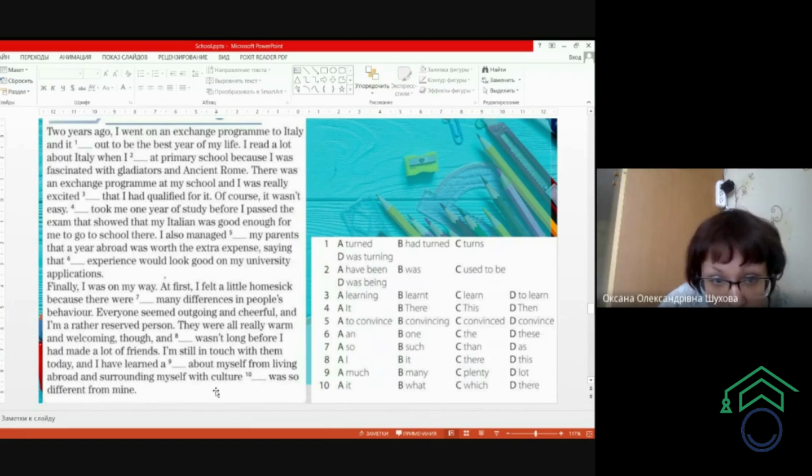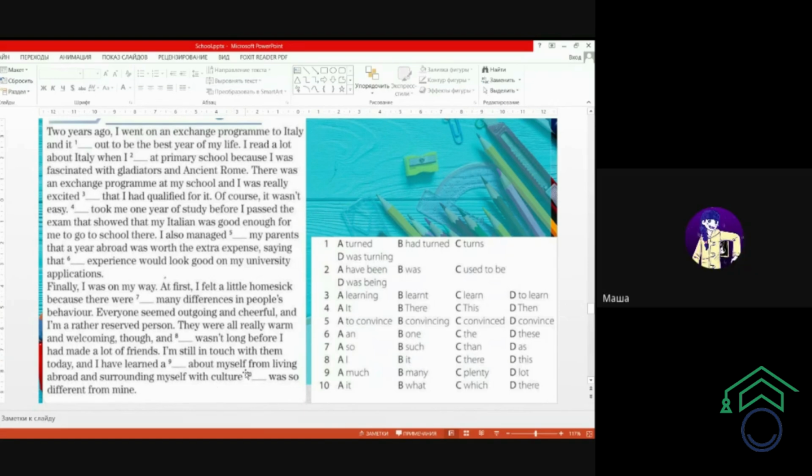Okay, then next one, number 9. I'm still in touch with them today, and I have learned a lot about myself from living abroad and surrounding myself with a culture which was so different from mine. Because the rest can be used with article A. Which?